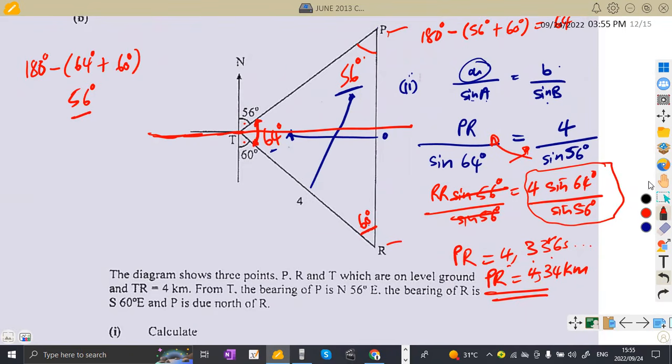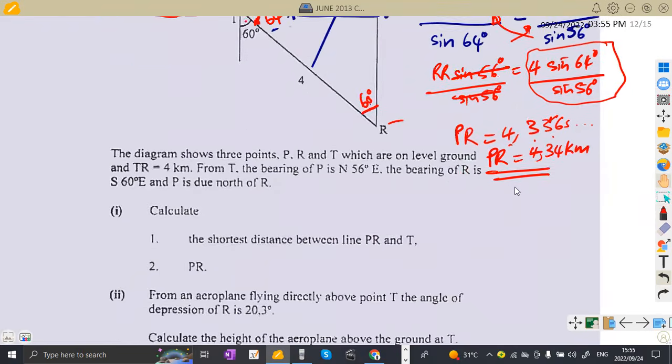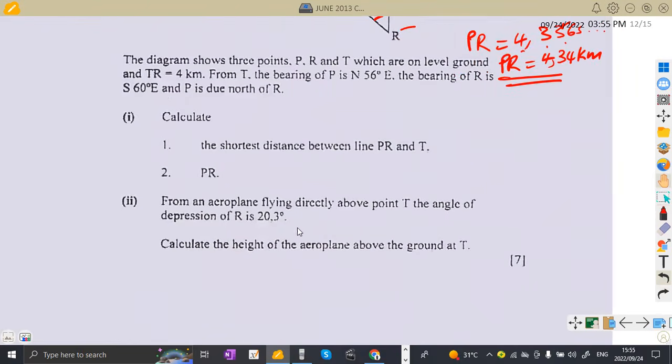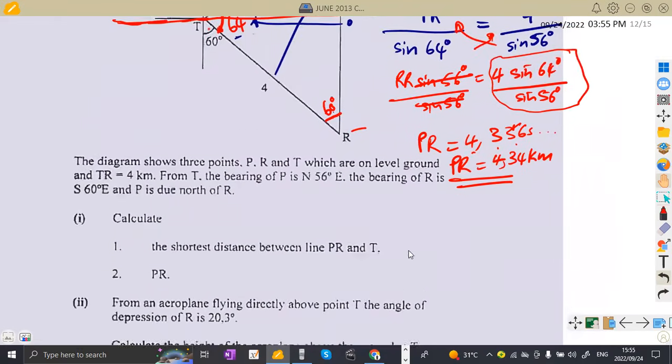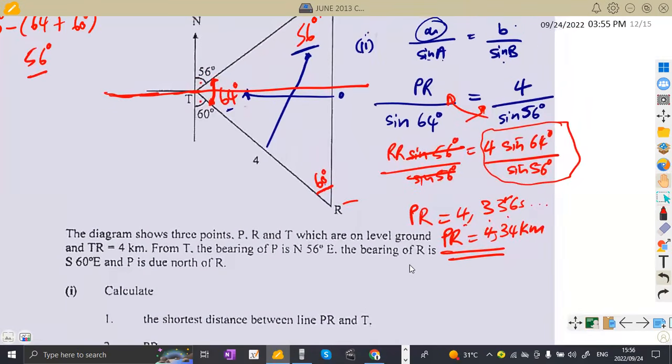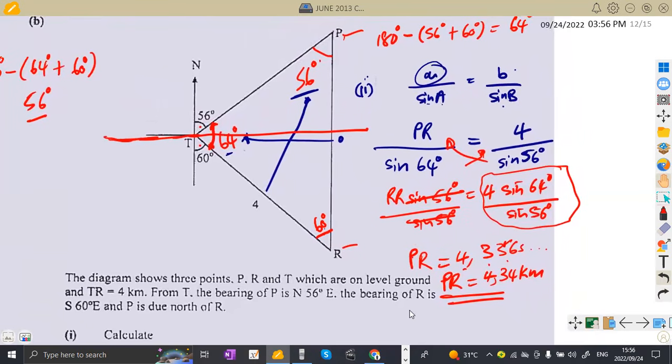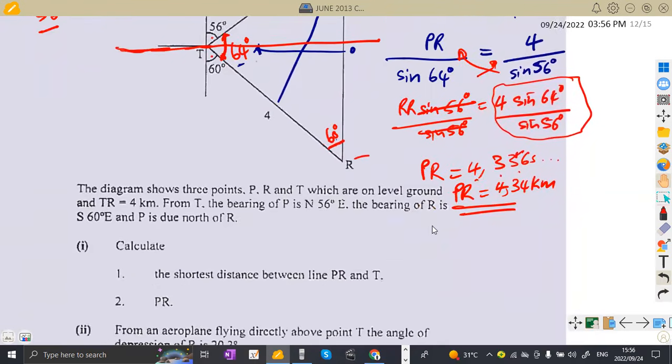Let me get my question back here so that we can understand together. The angle of depression of R is 20.3 degrees. Calculate the height of the aeroplane above the ground of T. So we need the height above the ground of T. This is our point R, not point T, guys.